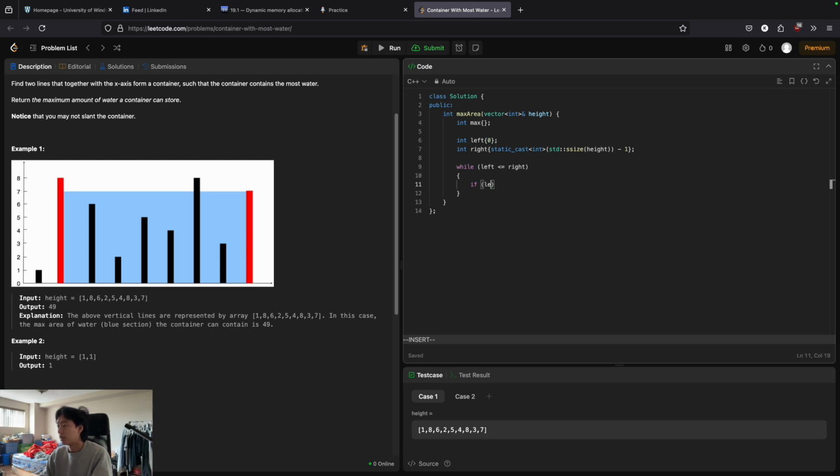Left, or if height of left is less than, and I think there's a case where if they're both equal, we'll take the right one instead. So if less than the height of right, what am I gonna do about it?